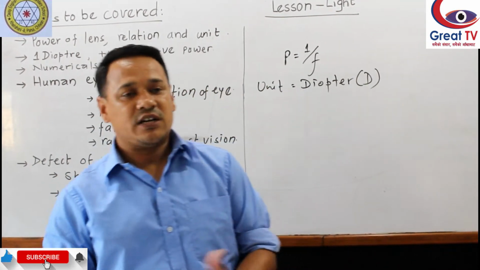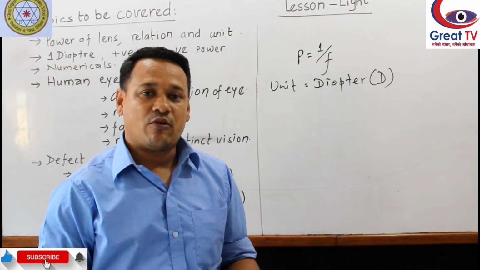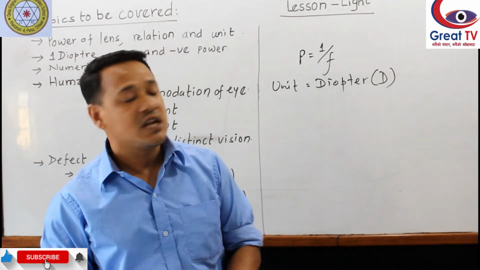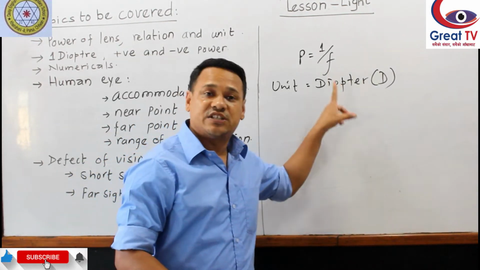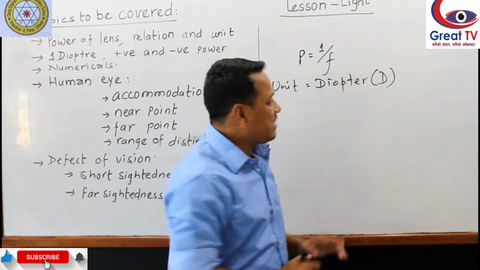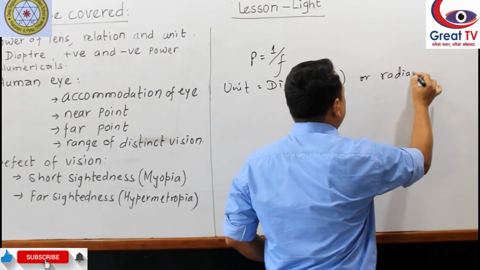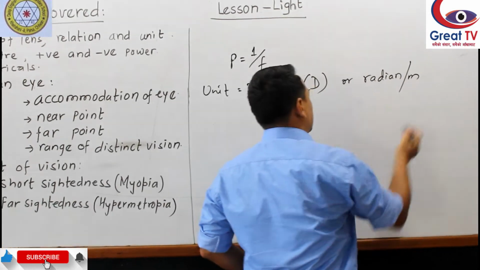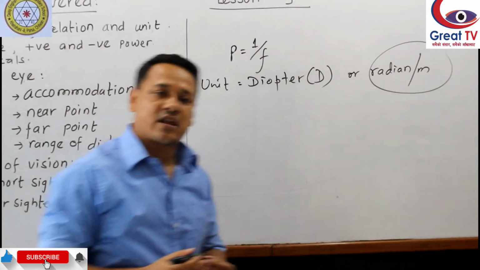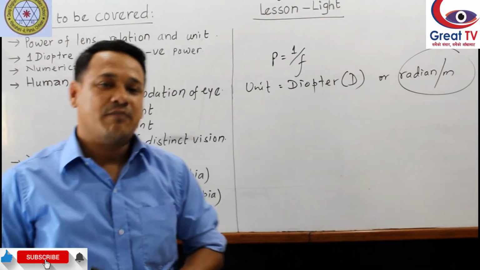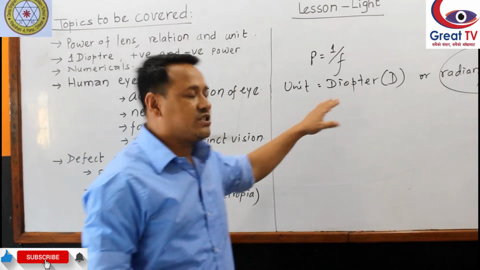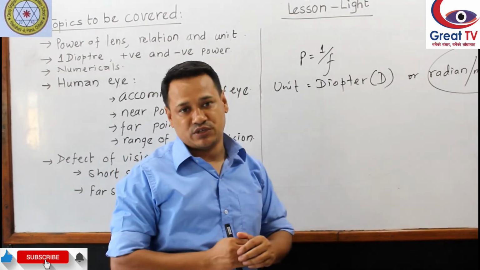In exam they may ask, define power of lens, or what is the unit of power of lens. It can be expressed in radian per meter also, but generally we use the diopter unit, capital D.